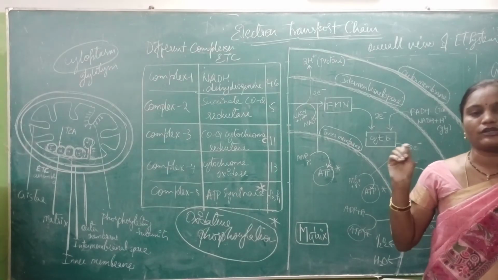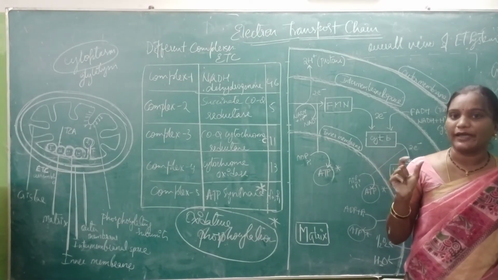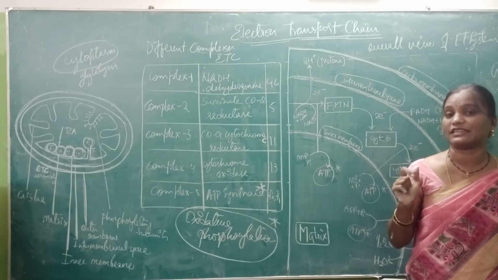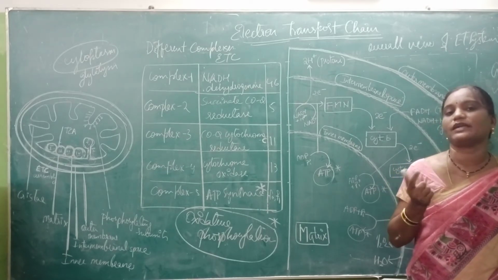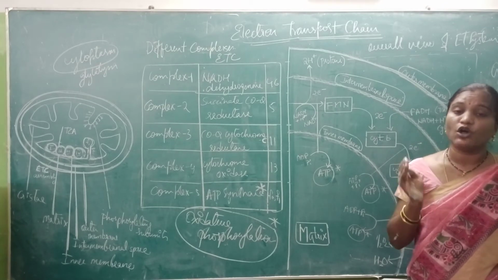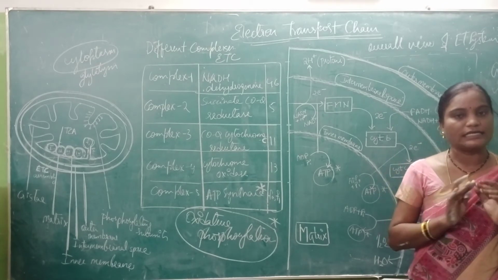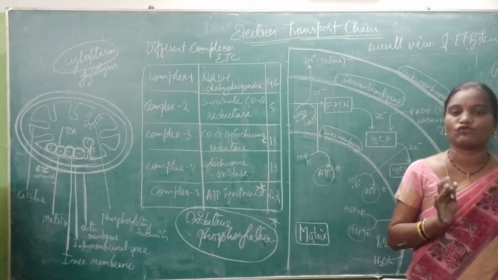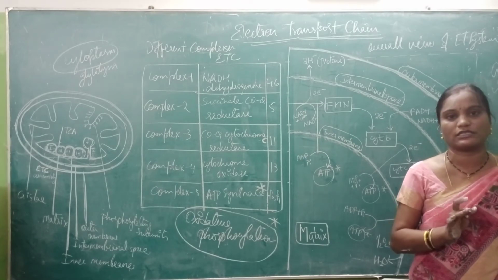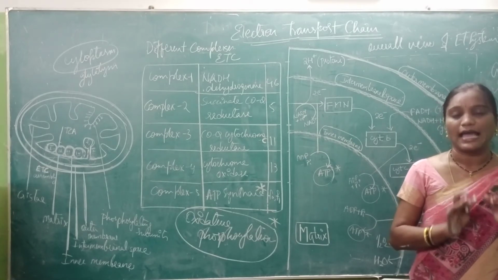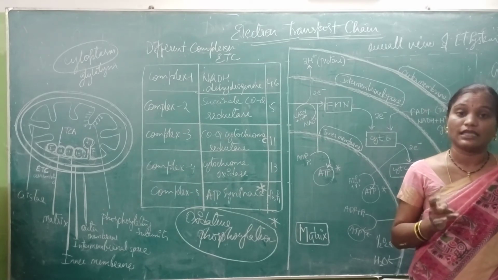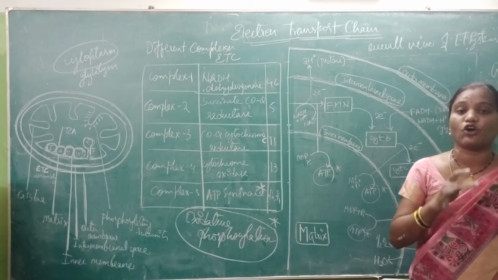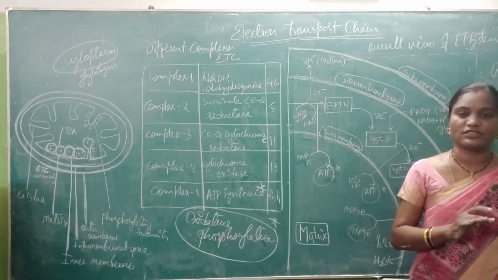Before going to the mechanism, what do you mean by oxidation? Oxidation means loss of electrons. And what do you mean by reduction? Reduction is gain of electrons. So the electron transport chain is a series of reactions which includes oxidation and reduction steps. The mechanism lying behind the electron transport chain is a series of both oxidation and reduction steps.